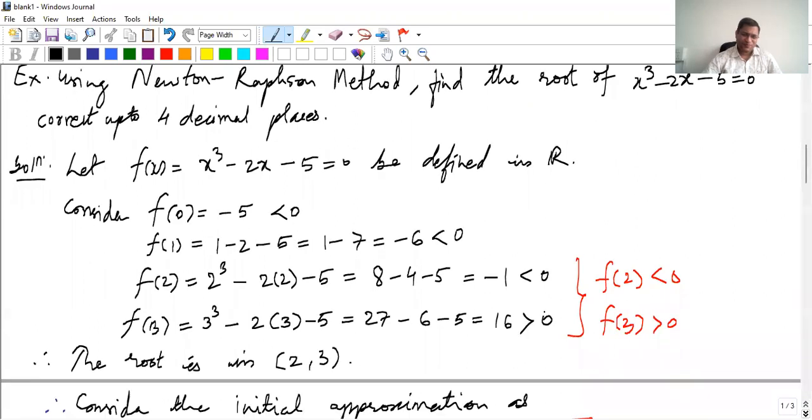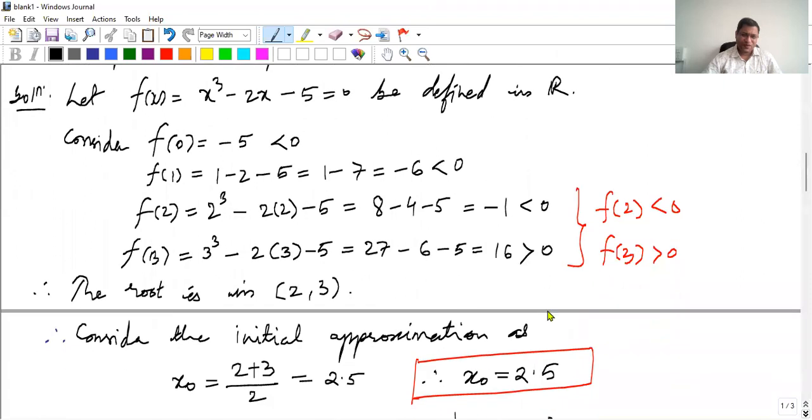But using this method, can we not find all the 3 roots if they are real? Definitely you can find them. But as we got one root lies between 2 and 3, you have to go for more, for 4, 5, 6, and find out the interval first. You need to locate the interval first where the root is.